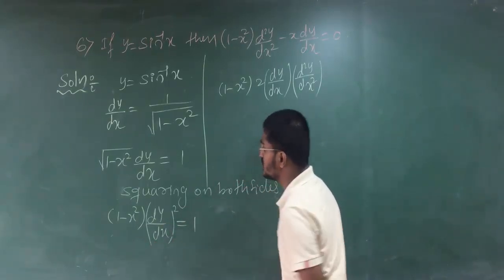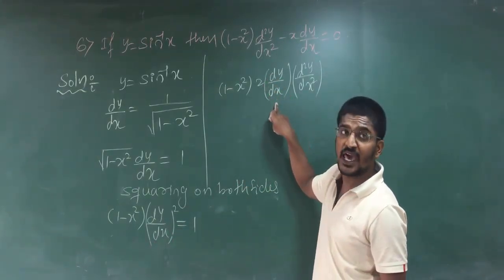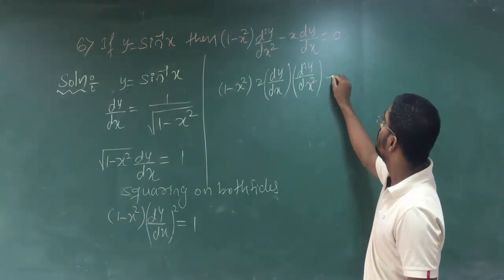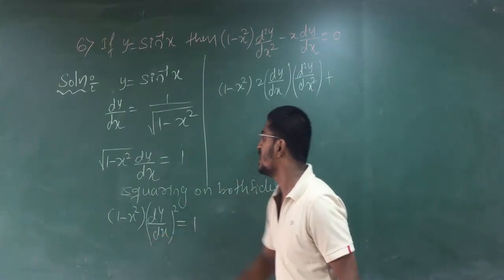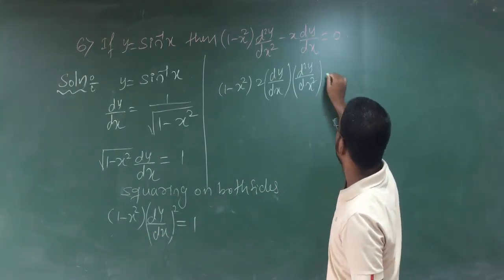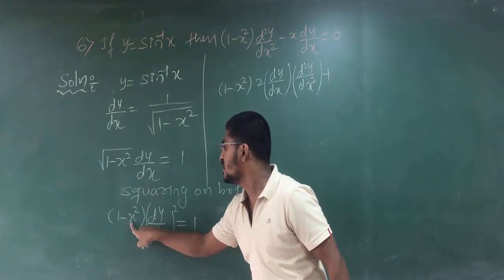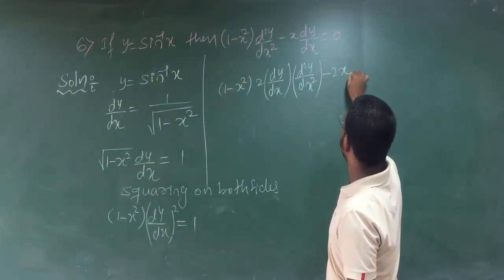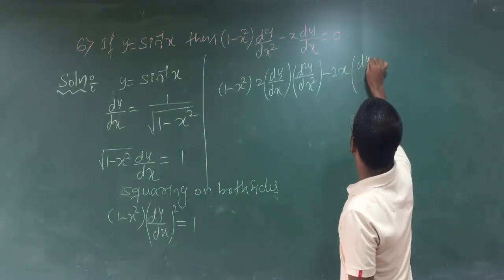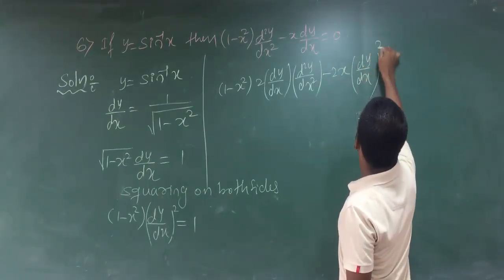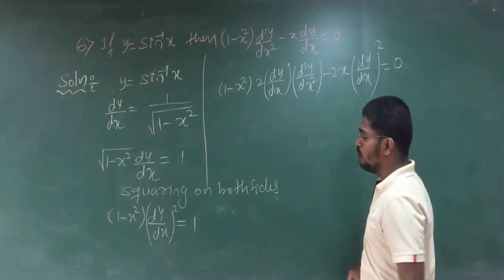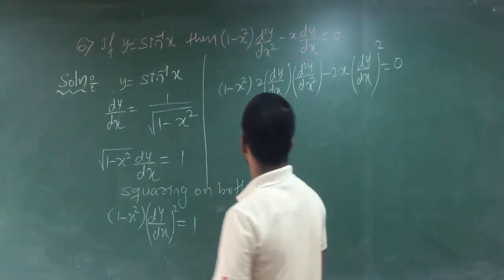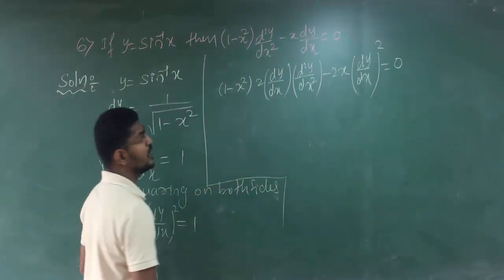Differentiation of (dy by dx) whole square is 2 into dy by dx multiplied with d square y by dx square plus, now you have to differentiate this term. What are you going to get? Plus, as it is, differentiation of this term will be minus 2x. So plus into minus will be minus 2x into (dy by dx) whole square equal to 0, because differentiation of 1 is 0.